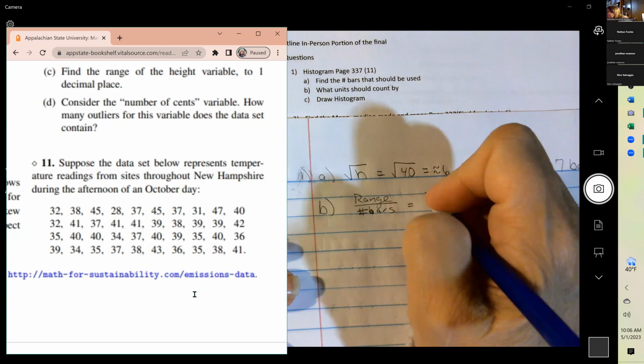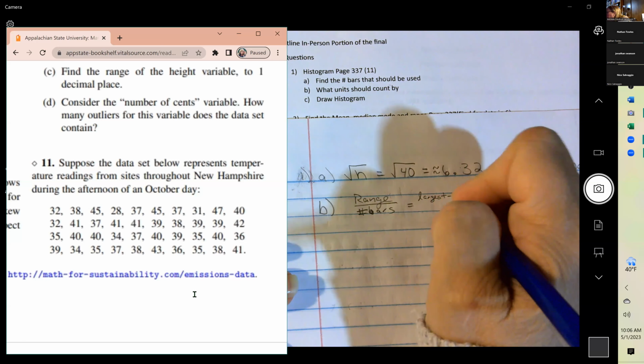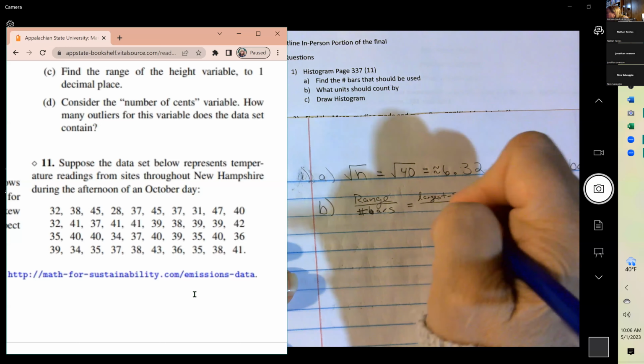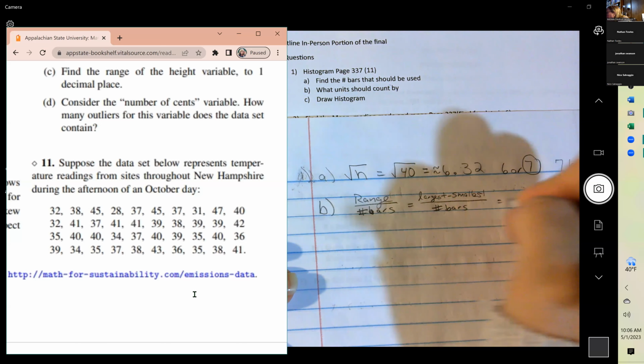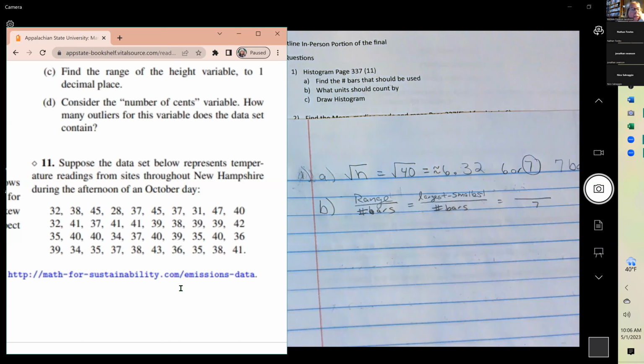Your range is your largest minus your smallest. So our bars is 7. Largest and smallest. Got a 45. 45, 47.